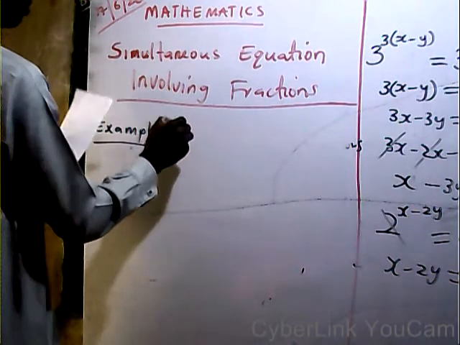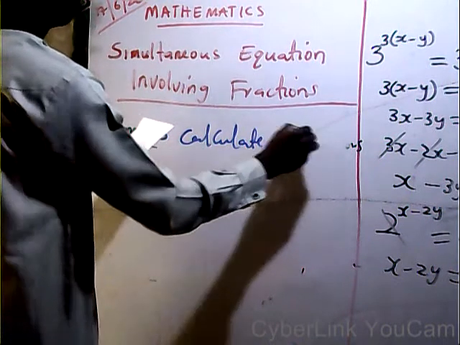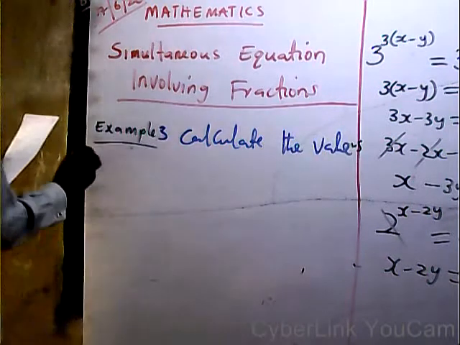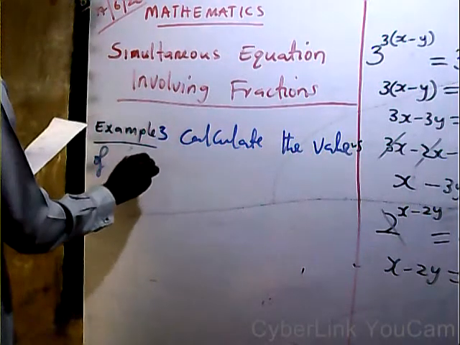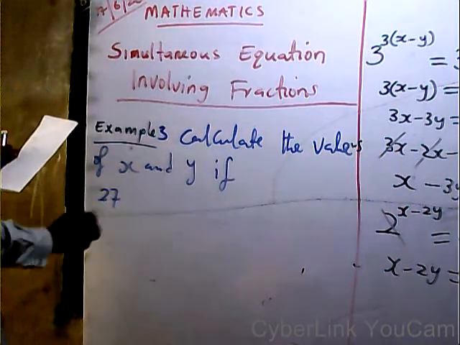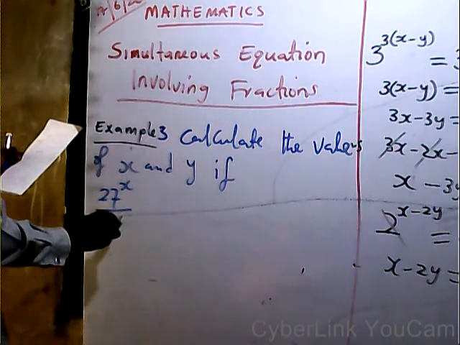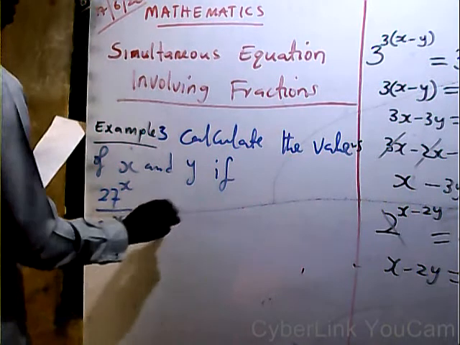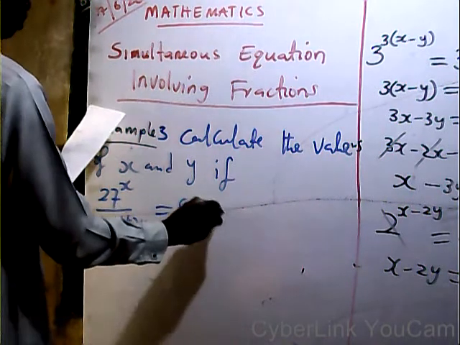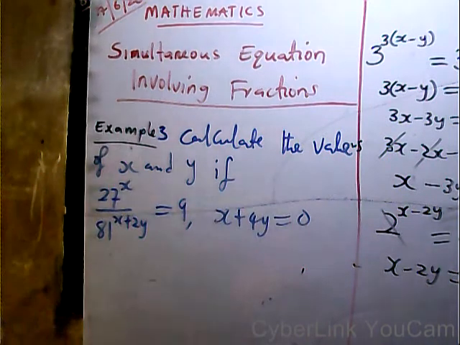I have to calculate the value of x and y if 27 raised to power x all over 81 raised to power x plus 2y is equal to 9, comma, x plus 4y is equal to 0. Ordinarily, x plus 4y is equal to 0. You can call it equation 1. That one, we don't need any analysis on that.